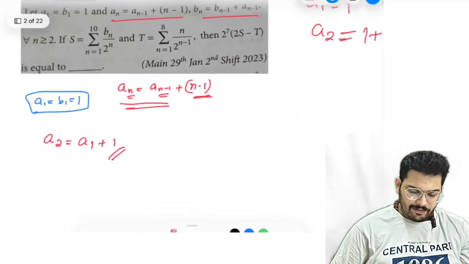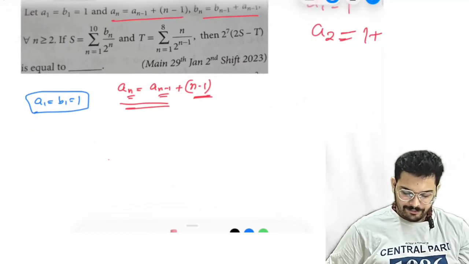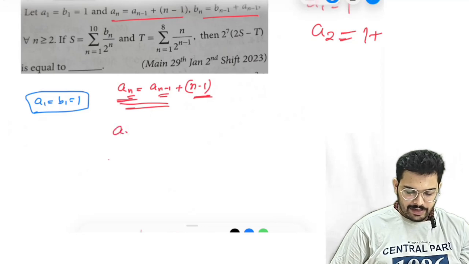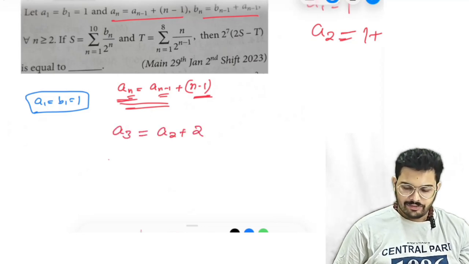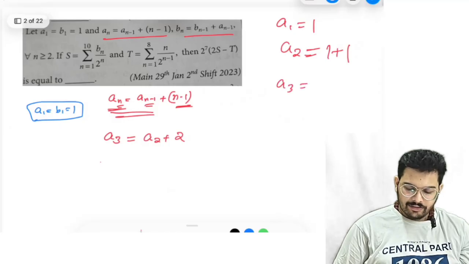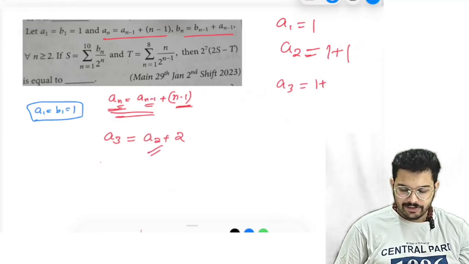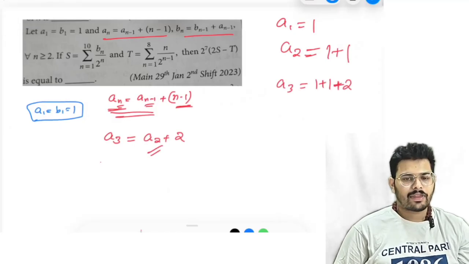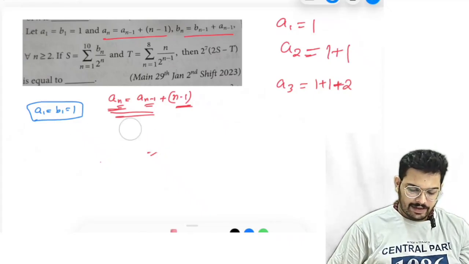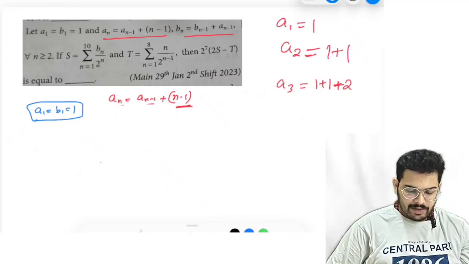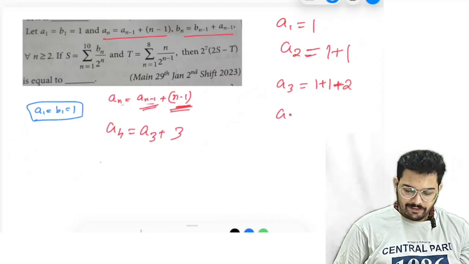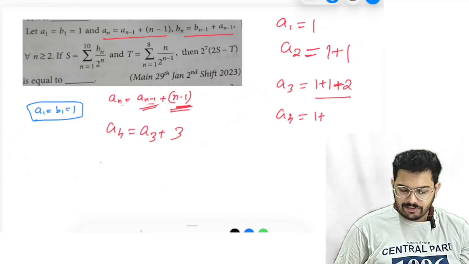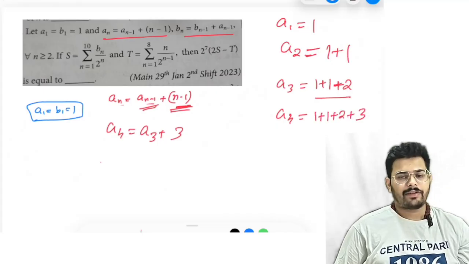Now to find a3, put n equal to 3: a3 equals a2 plus 3 minus 1, which is 2, so a3 equals 1 plus 1 plus 2. Then a4 equals a3 plus 4 minus 1, which is 3, so a4 equals 1 plus 1 plus 2 plus 3.